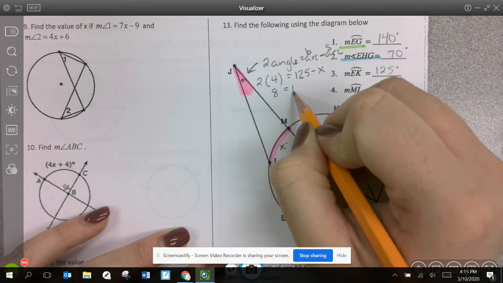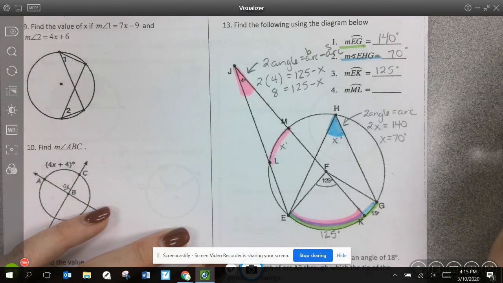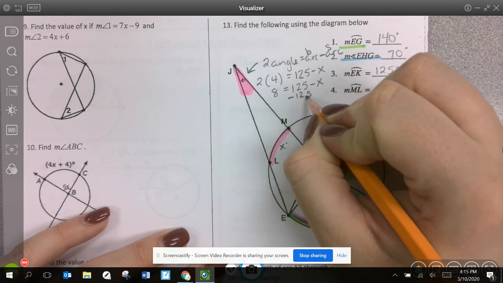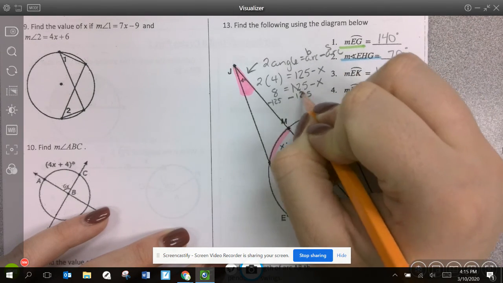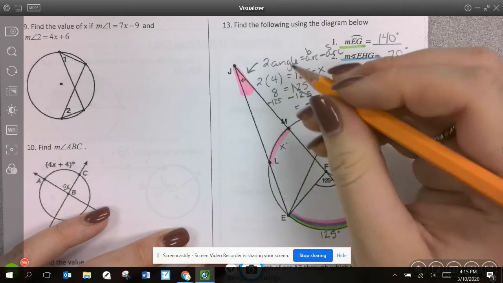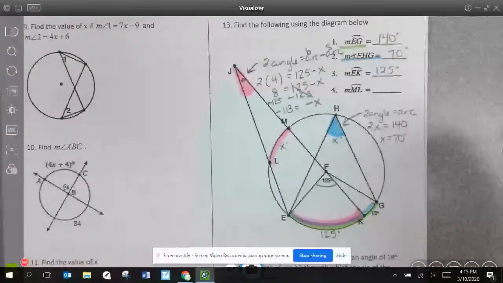So 8 equals 125 minus X. Now what I'm going to do is subtract 125 from both sides. I'm left with a negative X on the right-hand side and a negative 117.